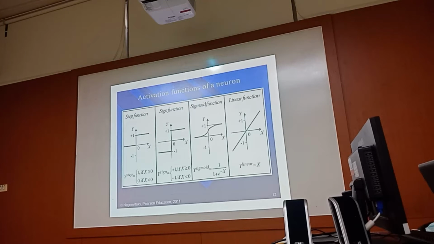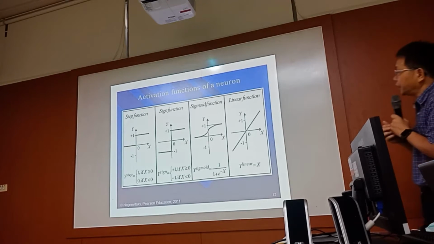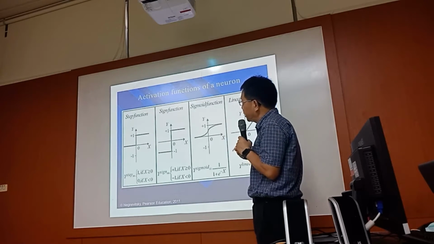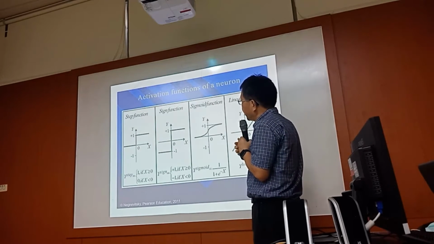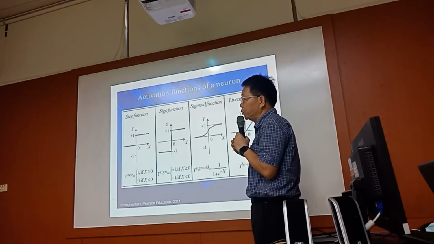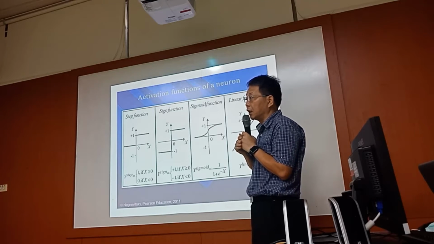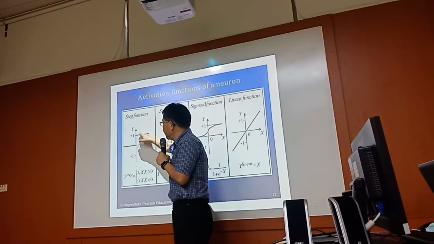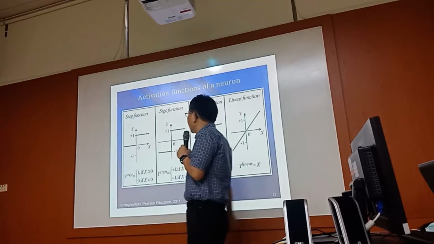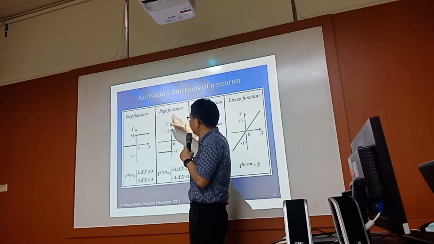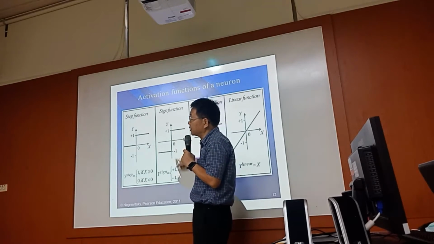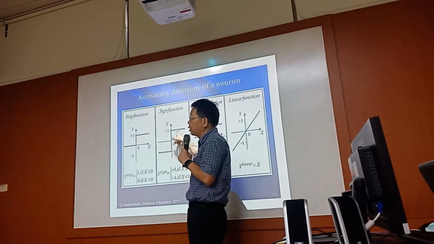So different activation functions, not membership functions. In neural networks, we say activation function. Membership function is usually used in fuzzy systems. And then this is a step function. Step is 0 or 1. This is a sign function. Sign is -1 or +1.